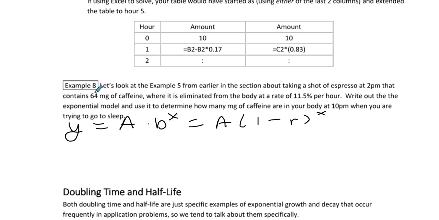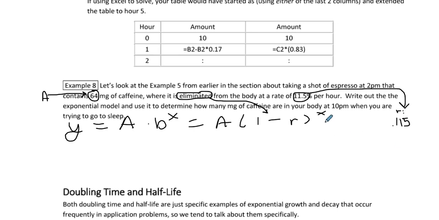We initially ingest this 64 milligrams of caffeine, so this is my value here for A. And it's being eliminated, so that's how we knew in this problem that we were going to be dealing with the subtraction, the 1 minus R. It's being eliminated at a rate of 11.5% per hour, so my R in this case, in decimal form, is 0.115. This is my value here for the R.